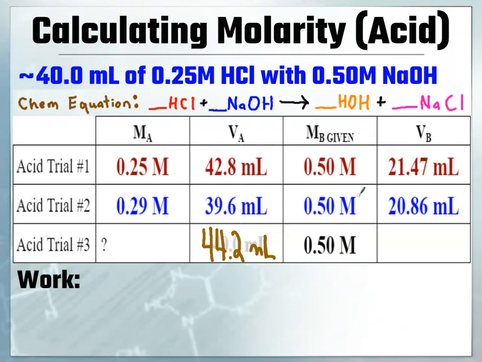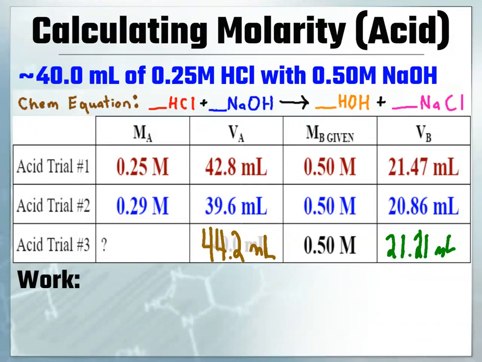In my last video, I calculated how much volume of base I needed to cancel this acid. The base was a given molarity of 0.5 molar, and I needed 21.21 milliliters to do that.